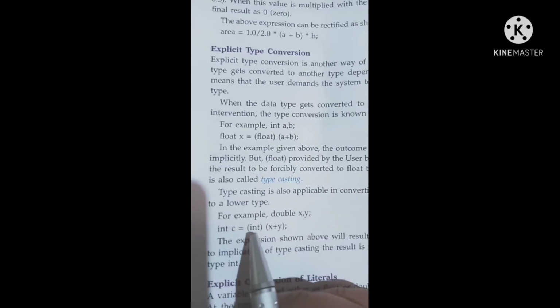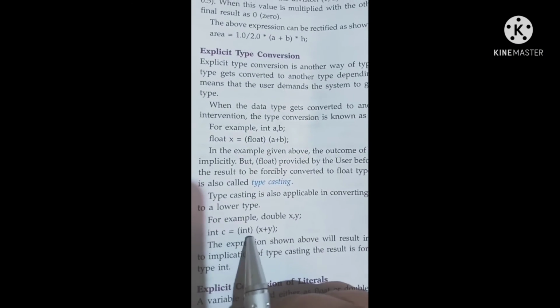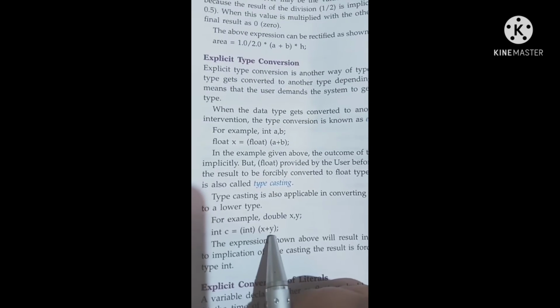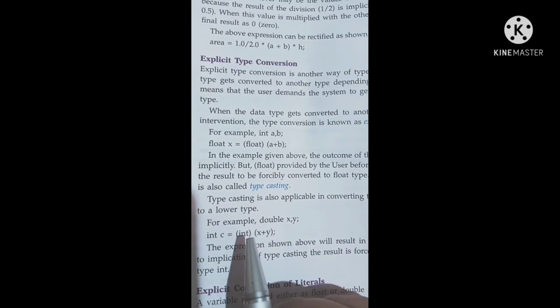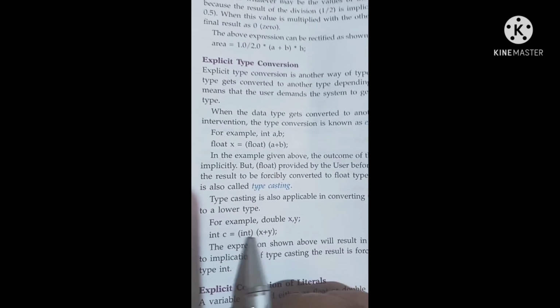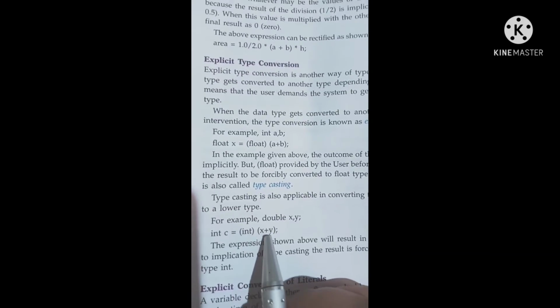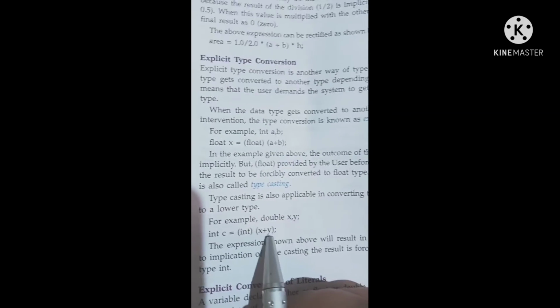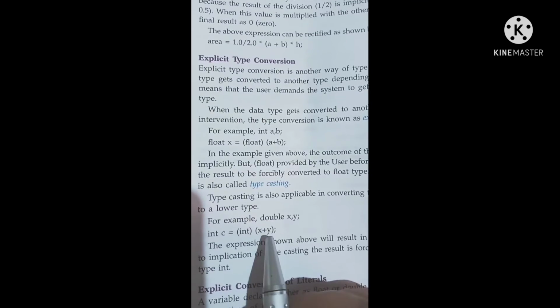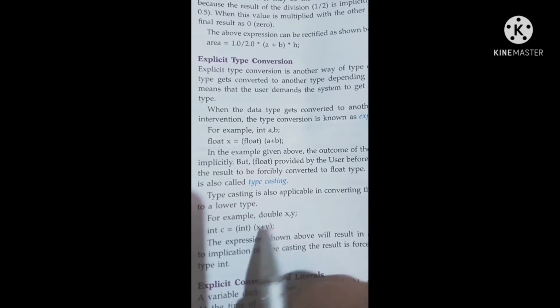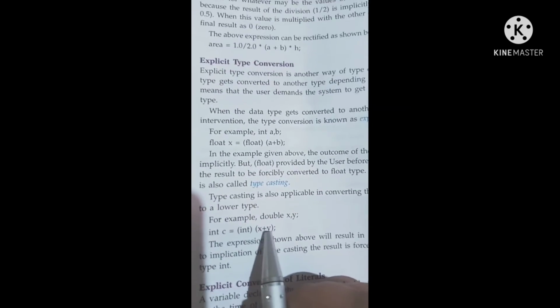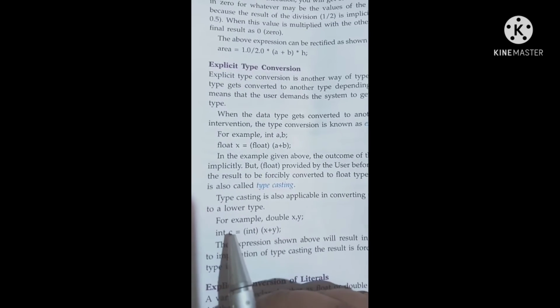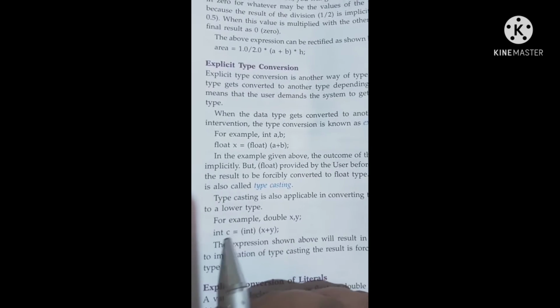So in front of that I have written int in brackets, meaning I want to find the x plus y value out in integer type. By force I am giving an instruction to the compiler, then the double data types will be assumed as int, and the x plus y value will be calculated in integer and stored in integer data type c.